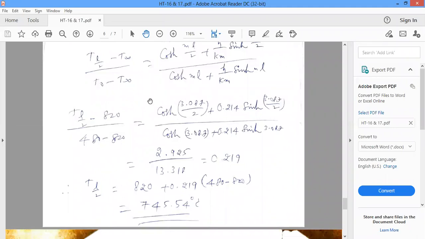After simplification, this is 2.925 divided by 13.318. Finally, T L by 2 minus 820 divided by 480 minus 820 is equal to 0.219.